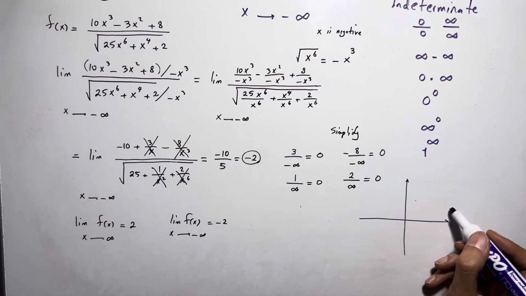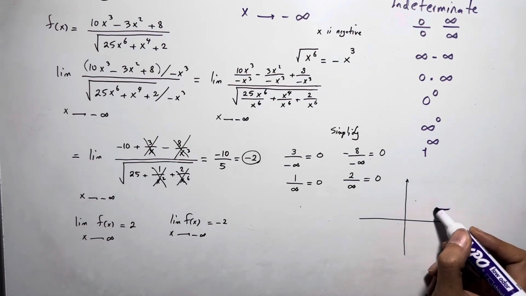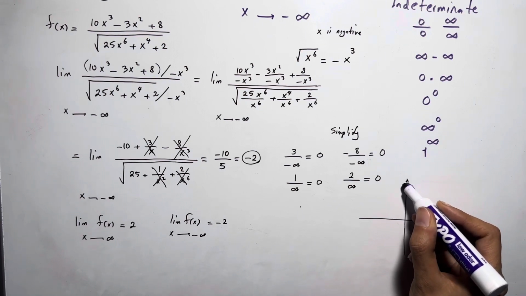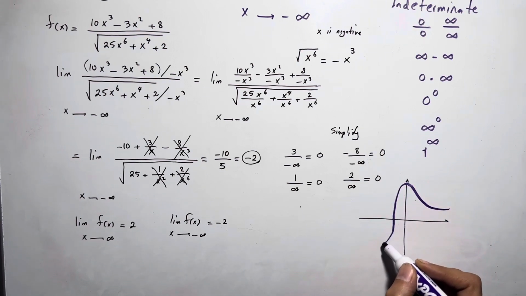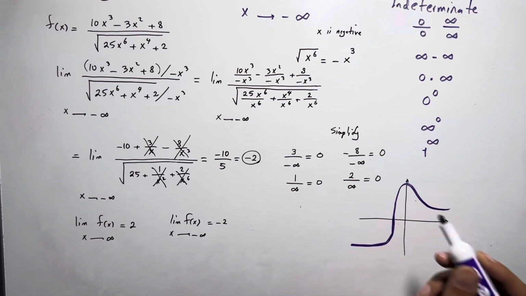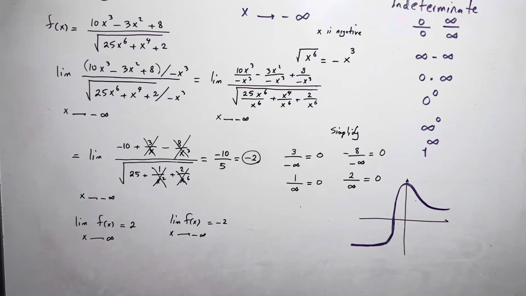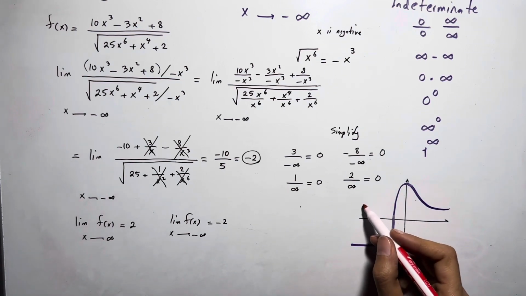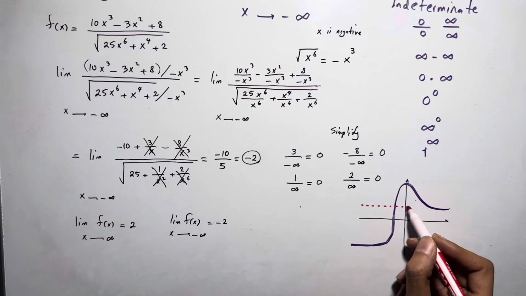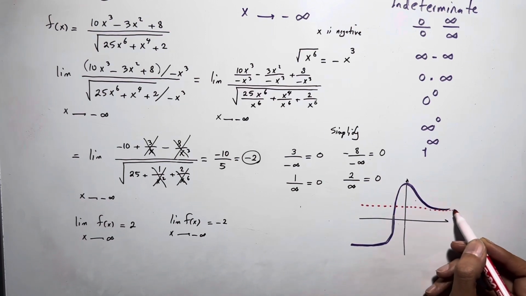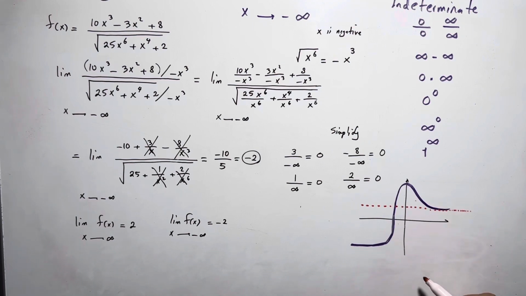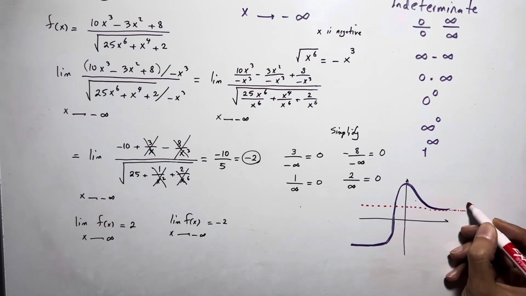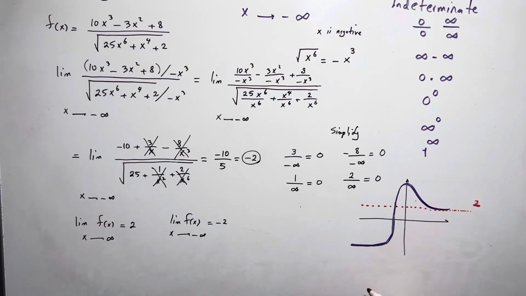Perfect. The graph behaves like this. Try to be as accurate as I can. The limit of the function as x goes to positive infinity is equal to 2. And the limit of the function as x goes to negative infinity approaches negative 2.